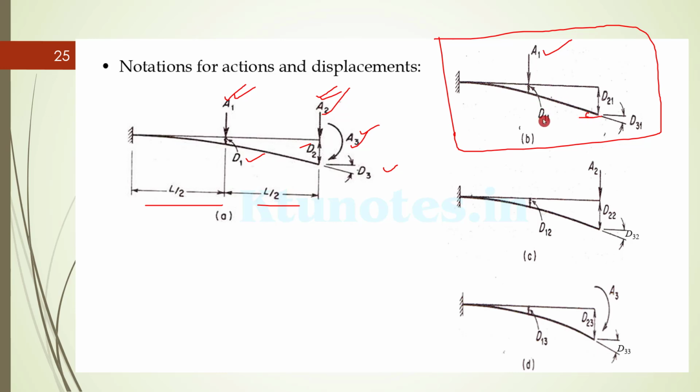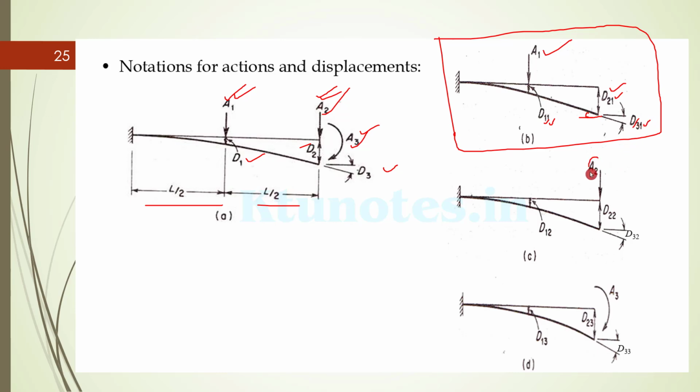D11 means the displacement at the first position due to the load at the first position. The first subscript will be the location and the second will be the cause. So D21 will be the displacement at the second position due to action 1. D31 will be the displacement at the third position due to the force A1.